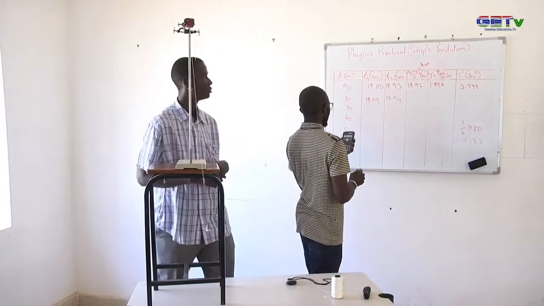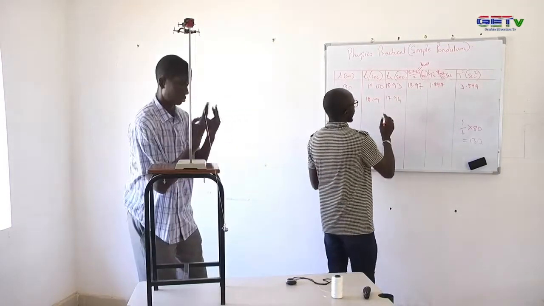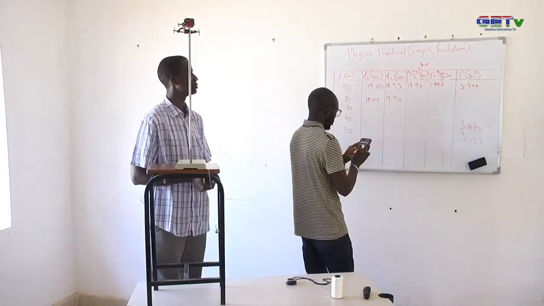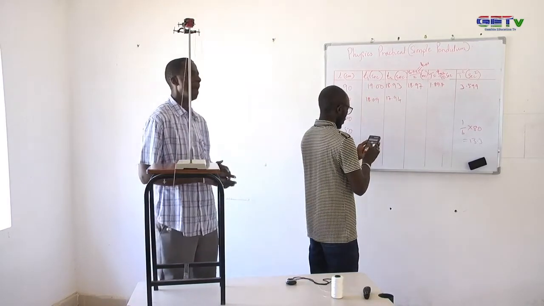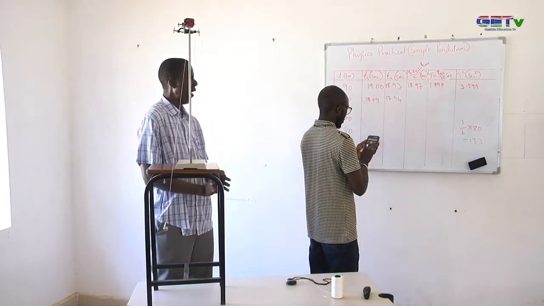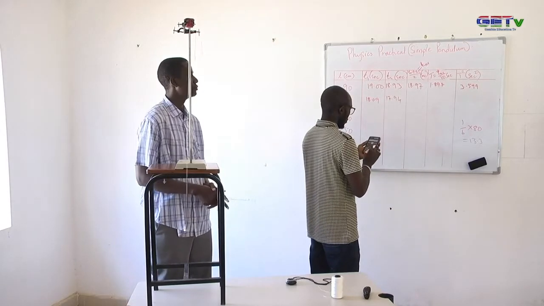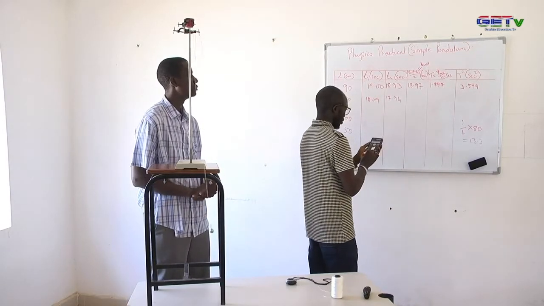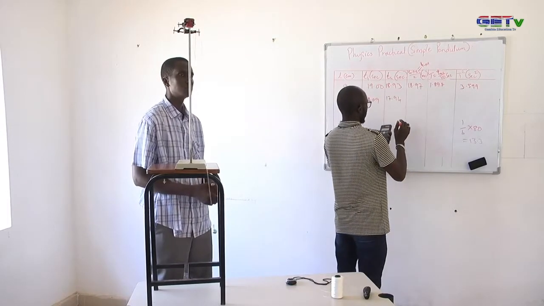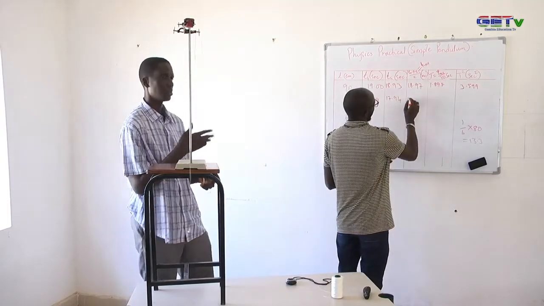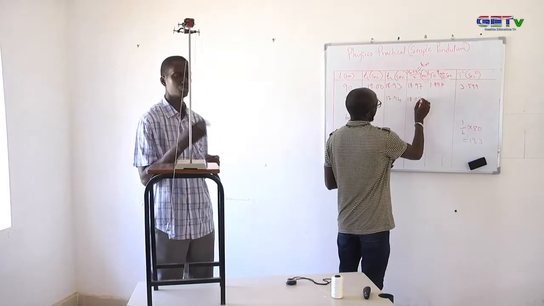Now that we have 17.94, we will take the average. 18.09 plus 17.94 is 36.03. We divide that by 2, we get 18.02.